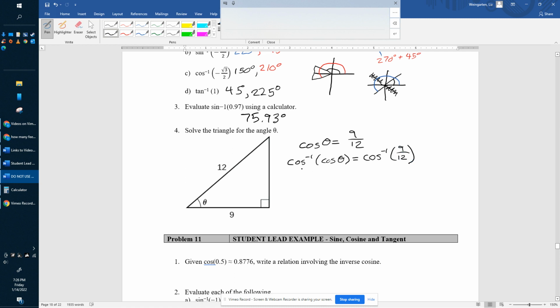Now remember, when we take the inverse function of another function, we just get our original input. In this case, it's theta. So the cosine and inverse cosine cancel each other out. So theta equals the inverse cosine of 9/12. So you can put that into your calculator. Second cosine, 9 divided by 12, and you'll get about 41.4 degrees.